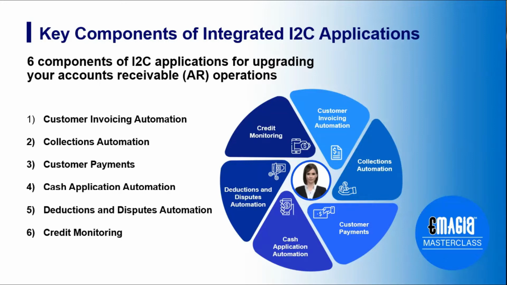Deductions and disputes automation. Clearly, there's always a role for human review and thinking in disputes and deductions. I mean, the basic purpose of investigating a dispute is to answer the question, is the customer right or is the customer wrong?